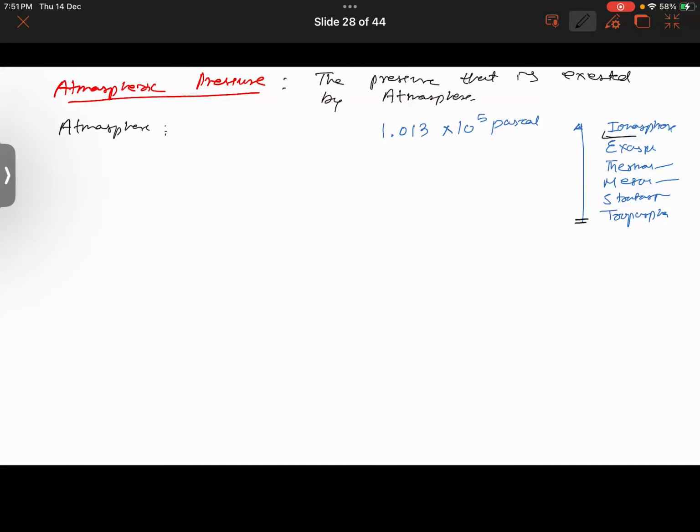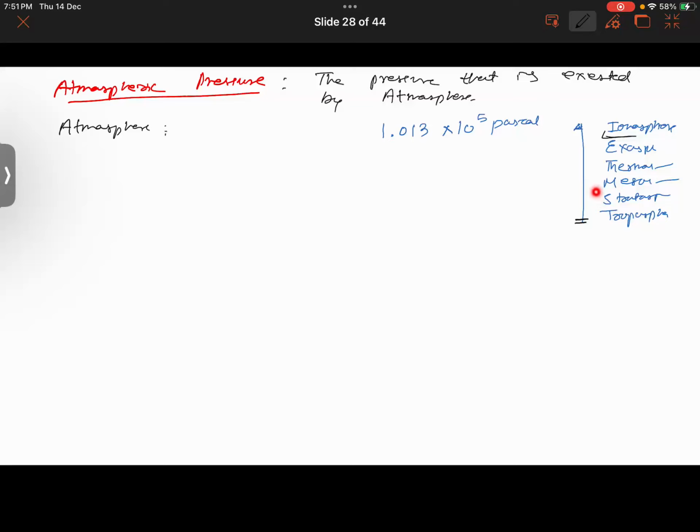So as you go above in the atmosphere, the atmospheric pressure decreases. Why? Because lesser particles are there in the upper layers of the atmosphere. While in the lower layer, the pressure is more, right?